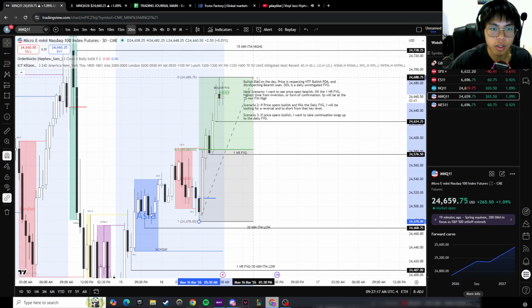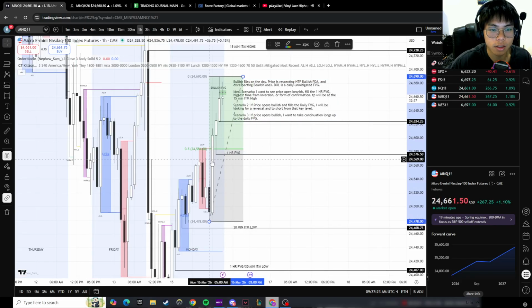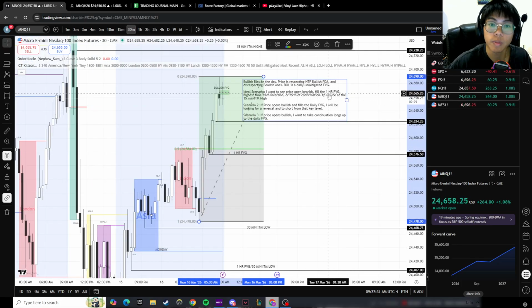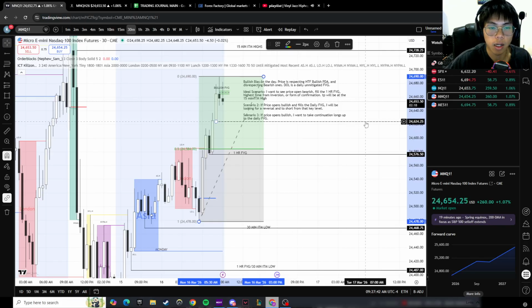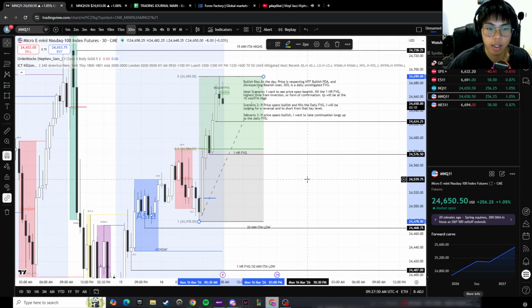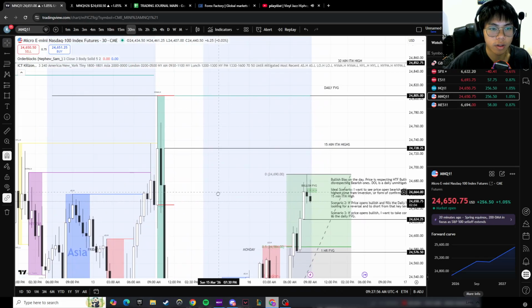How I use it is, when the fair value gaps are stacked like this, I don't know which one to use sometimes, but I know that price has to rebalance to equilibrium. So I would probably want to wait for this second fair value gap to get hit. I'm not as comfortable with this first one getting hit just because we could go back down to equilibrium, this fair value gap. That is the thought process right now.